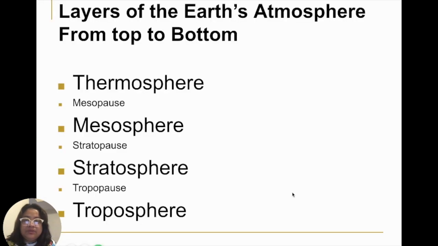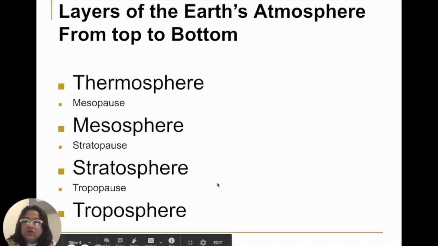All right? So what are the layers of the Earth's atmosphere? Let us start from the top to bottom. We have the thermosphere, and then the mesosphere, stratosphere, and troposphere. You have seen here mesopause, stratopause, tropopause. What are these?